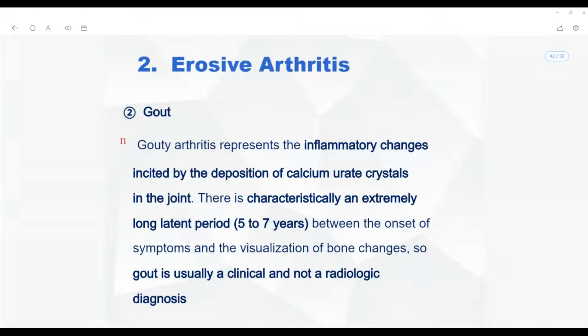While we are forming the purines, which are necessary for the formation of DNA and RNA, the ribose 5 phosphate is finally converted into uric acid along the purine metabolism cycle.